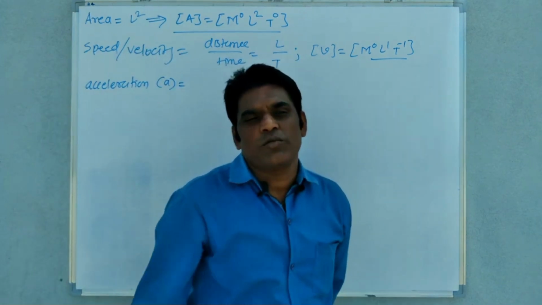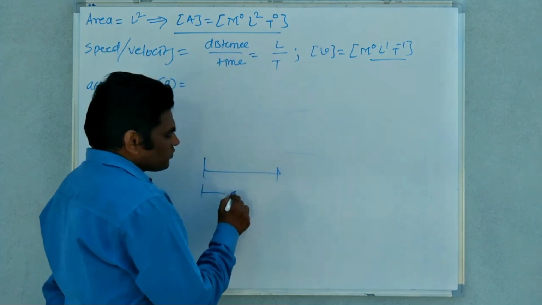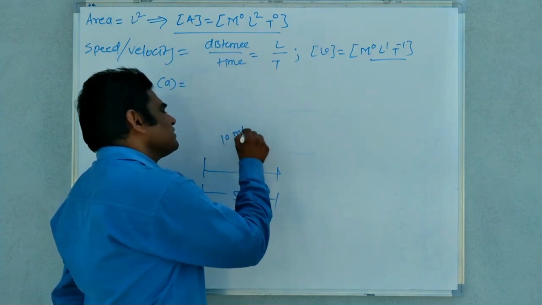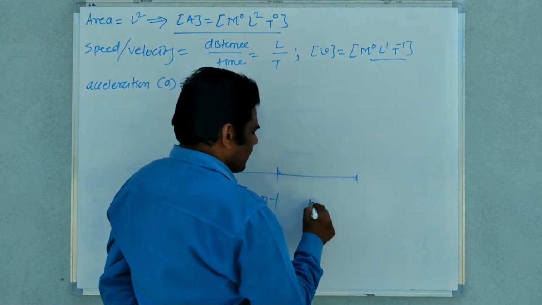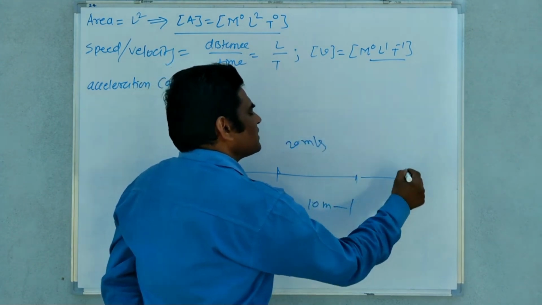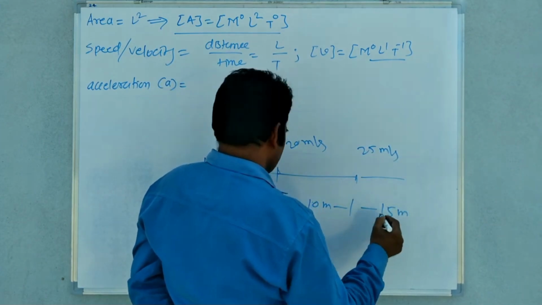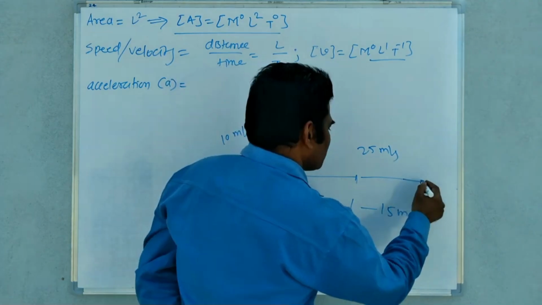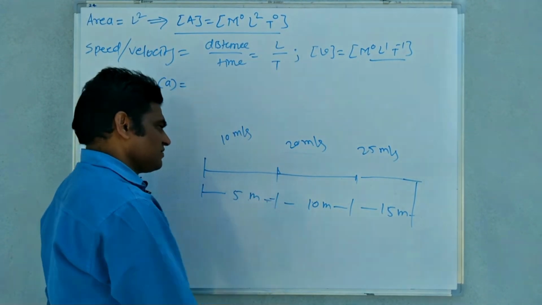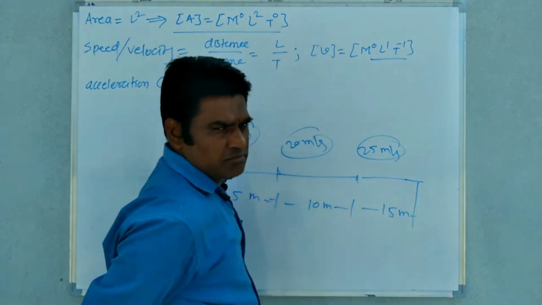Suppose the body is moving for 5 minutes at 10 meter per second, then for the next 5 or 10 minutes it is moving at 20 meter per second, then 25 meter per second for the remaining time, whatever it may be. So this velocity is increasing with respect to time.